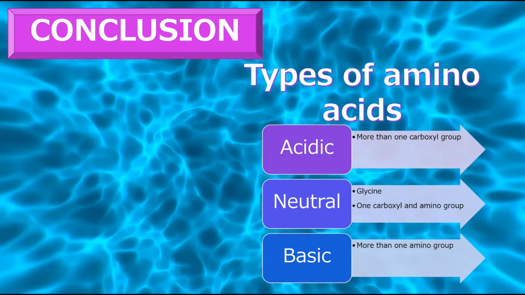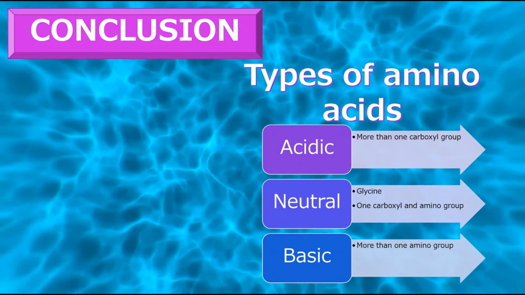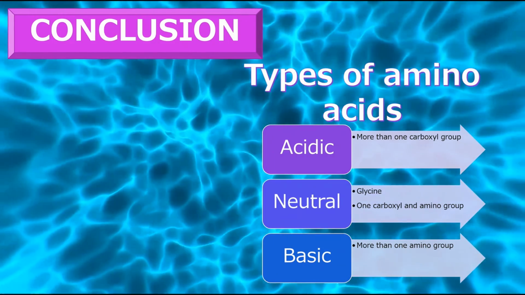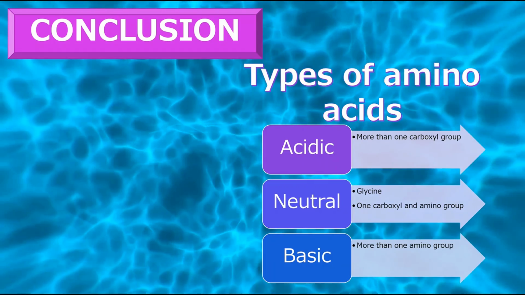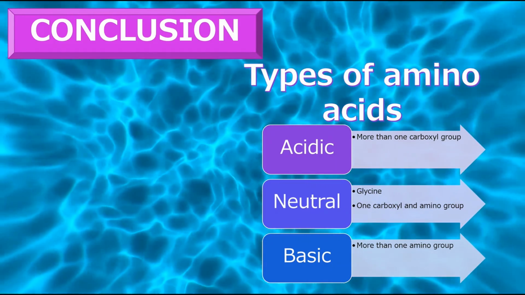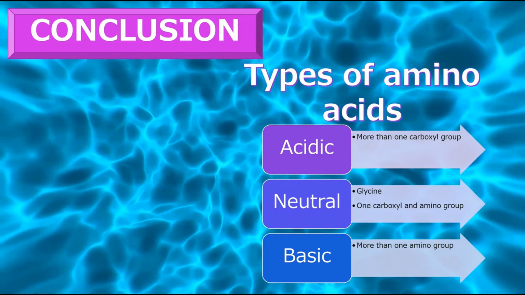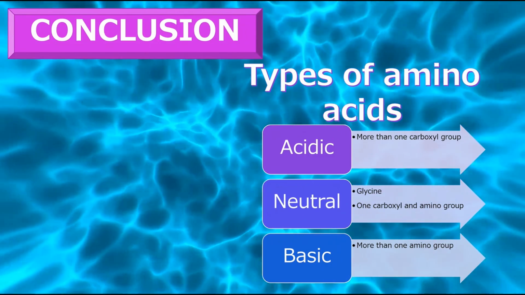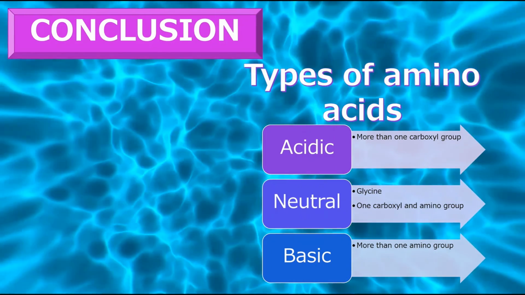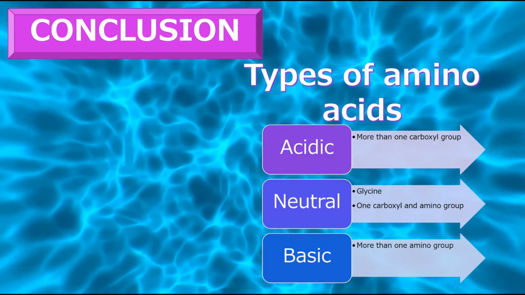Acidic means which has more than one carboxyl group in the R group. Neutral means the number of carboxyl groups and amino groups is the same. And basic means the R group of the amino acid contains an extra amino group, which makes the function of that particular amino acid basic in nature.